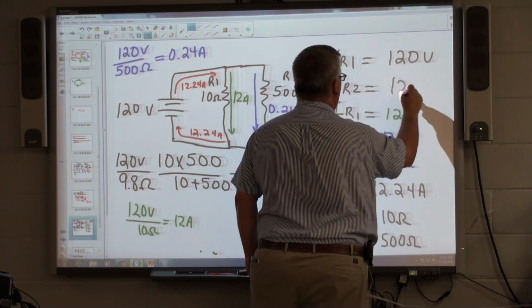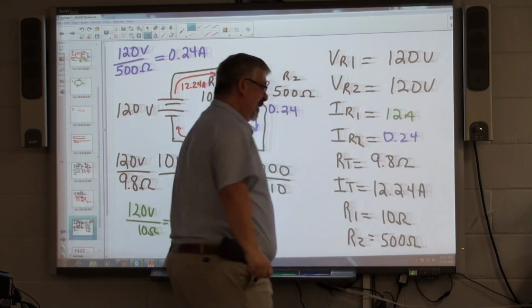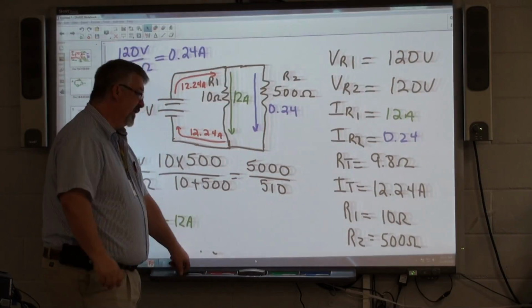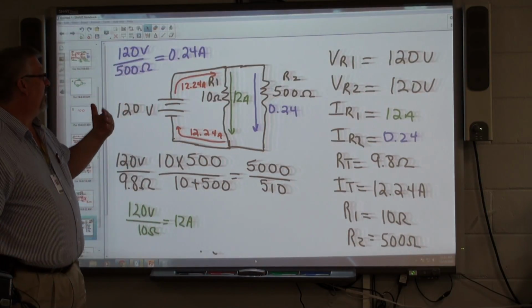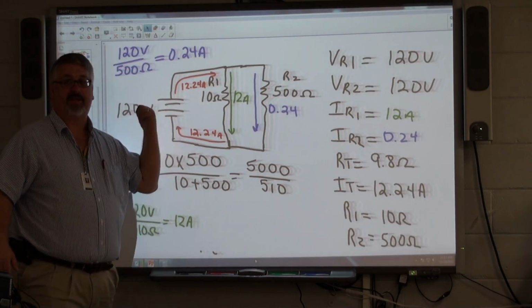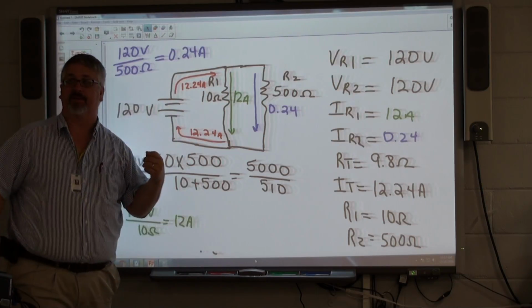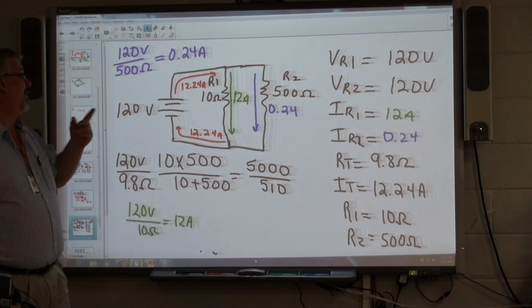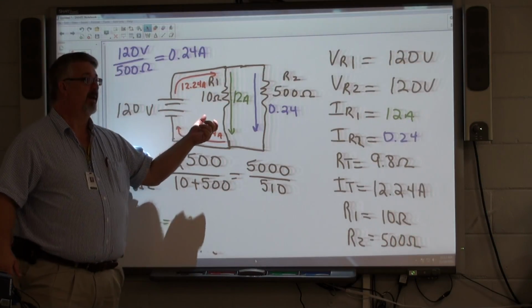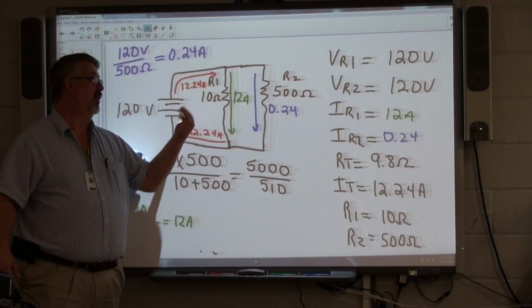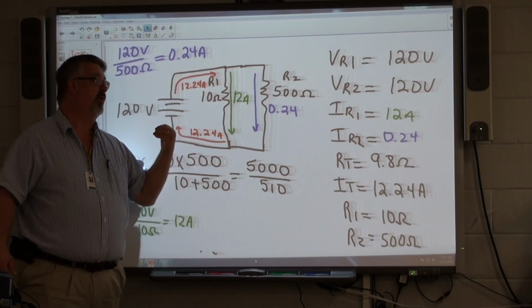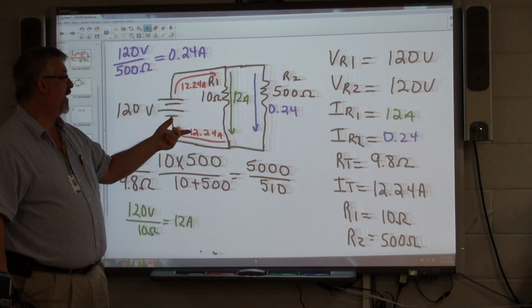So let's go back to our rules and see if this circuit makes sense from a parallel standpoint. Parallel branch, we'll see the applied voltage. V of R1 is 120, V of R2 is 120. That's true. Resistances in parallel are going to be lower than the lowest. We got a 10 and a 500.